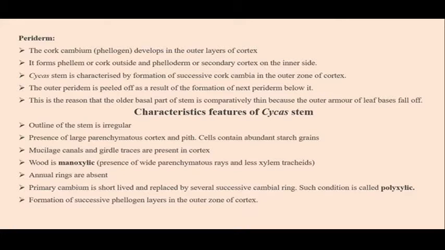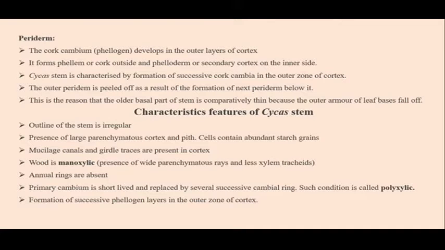First is the outline of the stem. It is irregular. Presence of large parenchymatous cortex and pith. The cells contain abundant starch grains. Mucilage canals and girdle traces are present in the cortex. Wood is monoxylic, meaning presence of wide parenchymatous rays and less xylem tracheids.